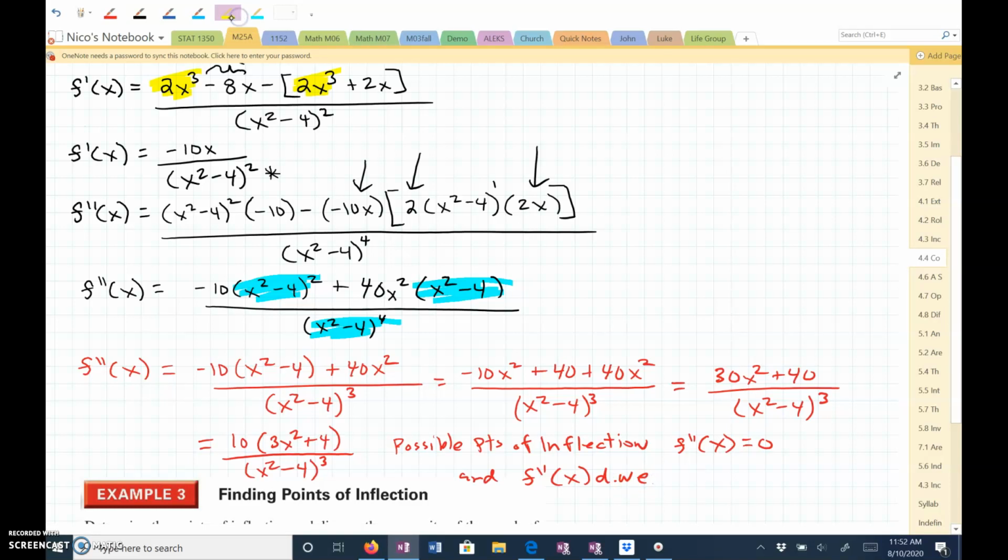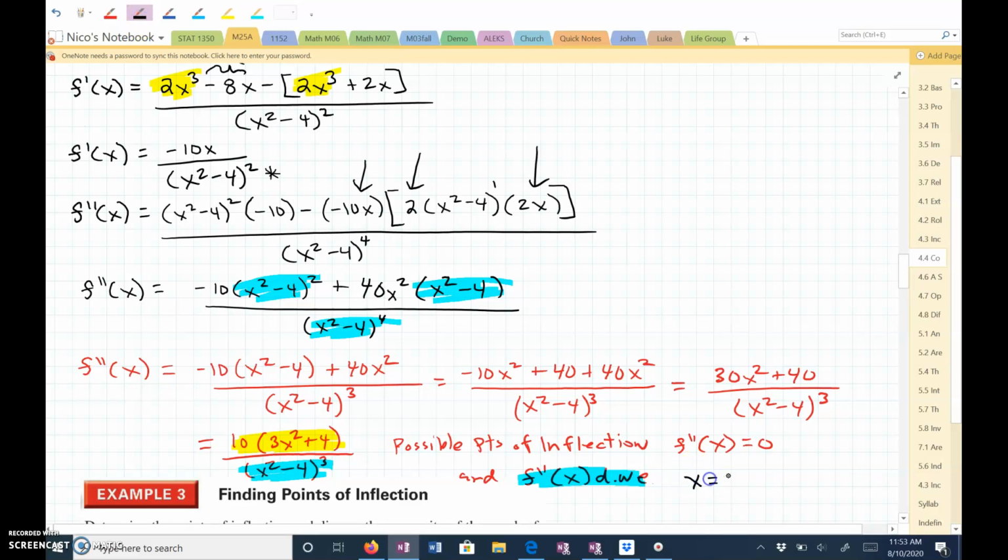So if I look at the numerator here, is there anything that I could plug in for x that would make that equal to 0? Because if the numerator is equal to 0, then that's where the second derivative would equal 0. Nothing there. Look at the denominator. Are there x values that would make the denominator equal to 0? Because if there are, then that is where this second derivative would not exist. Here there is.